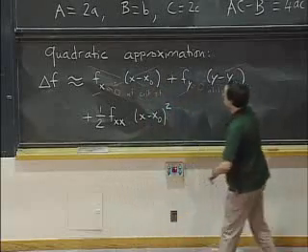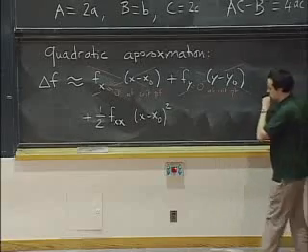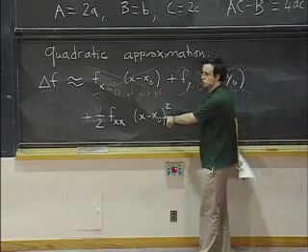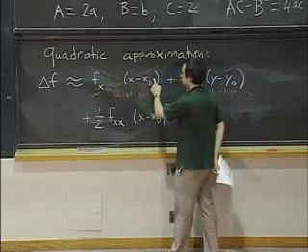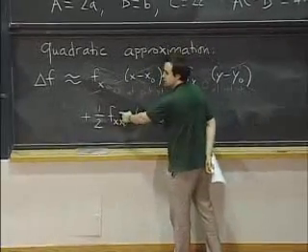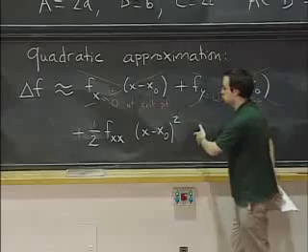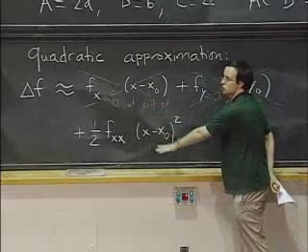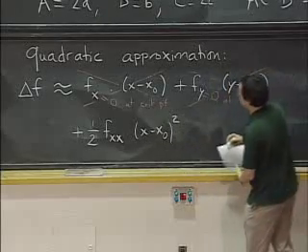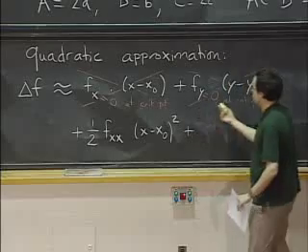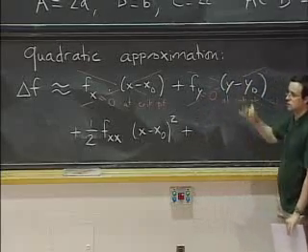If you remember the Taylor formula for a function of a single variable, there was the derivative times x minus x0 plus 1/2 of the second derivative times x minus x0 squared. This side here is really Taylor approximation in one variable, looking only at x. But of course, we also have terms involving y and terms involving simultaneously x and y.